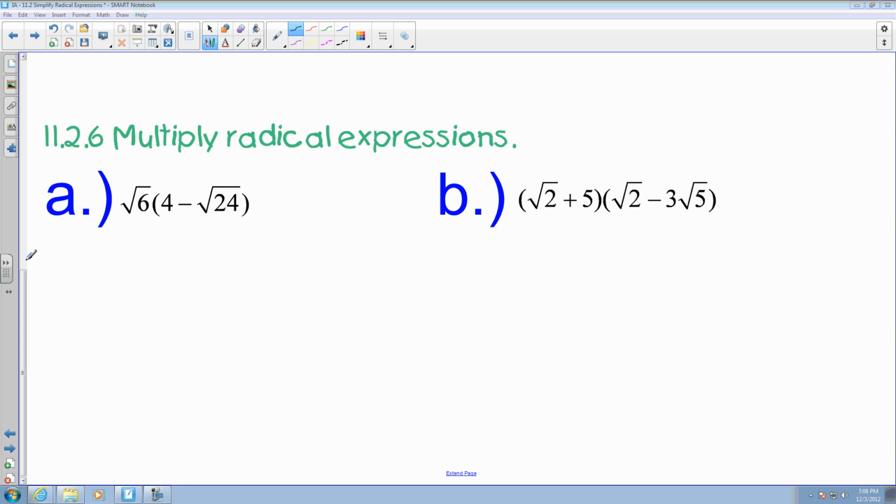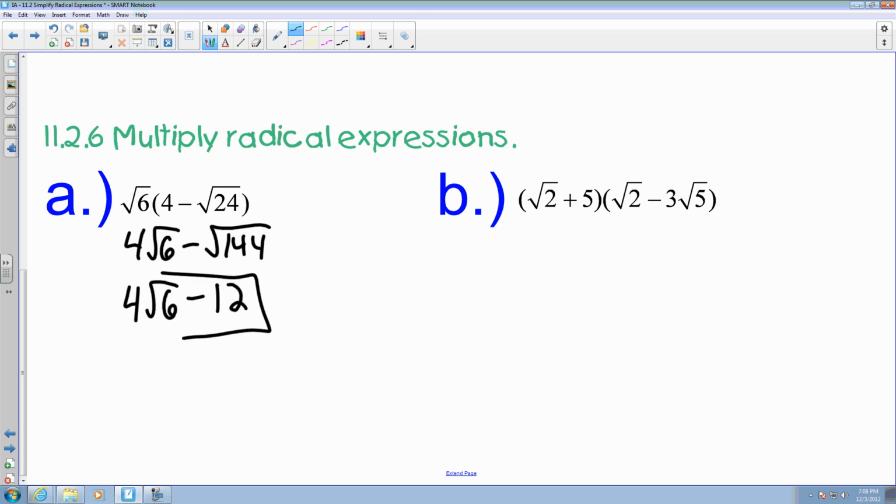So I'm going to distribute the square root of 6, which gives me 4 times the square root of 6 minus the square root of 6 times the square root of 24, which gives me the square root of 144. The square root of 144 is 12. And that's as much as I can simplify it.